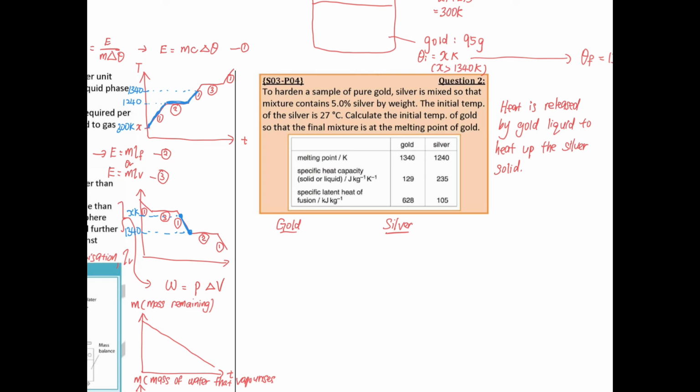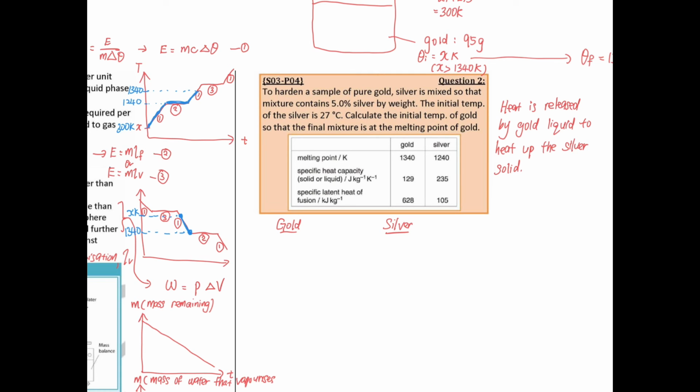That means the gold is going through an exothermic process, release heat to the silver. Silver is going through endothermic process, get the heat from the gold and heat up.